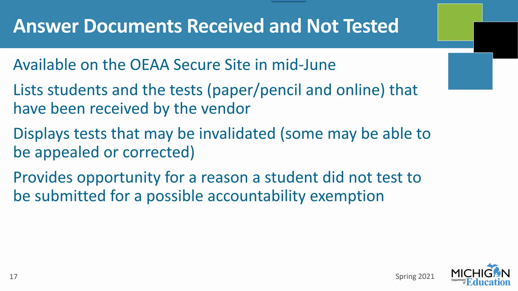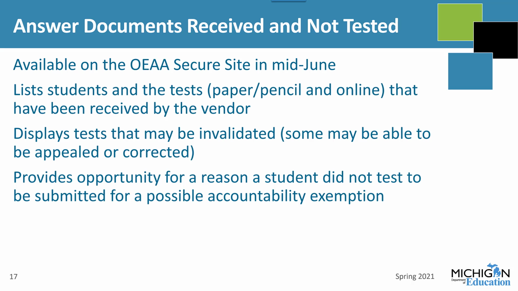The Answer Documents Received and Not Tested screen will display the list of students for whom the testing vendors have received either a paper pencil or an online test. This is the only opportunity for schools to review this listing and to report possible issues that may be able to be resolved before assessment and accountability reporting.